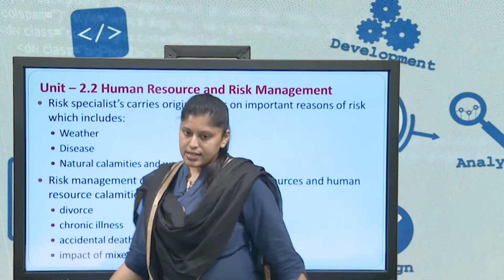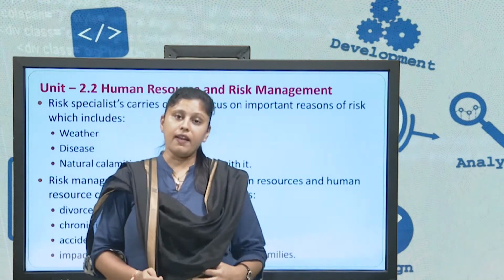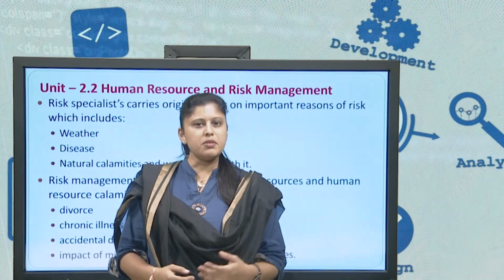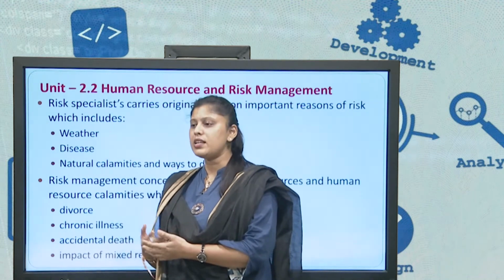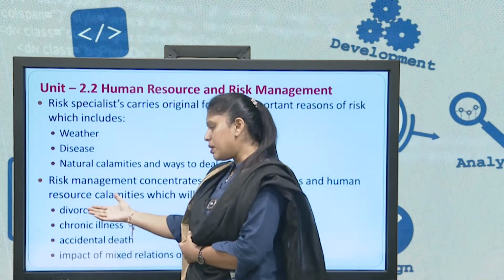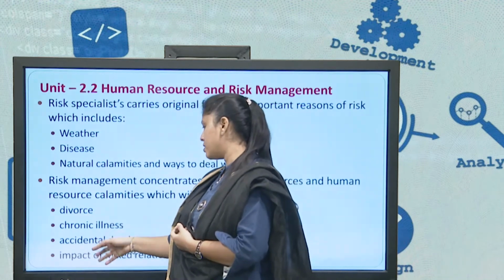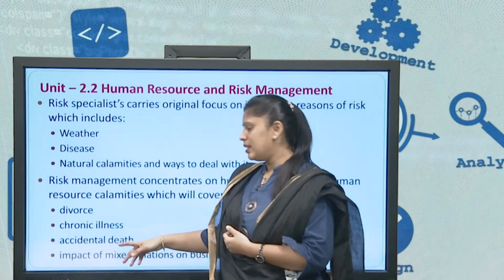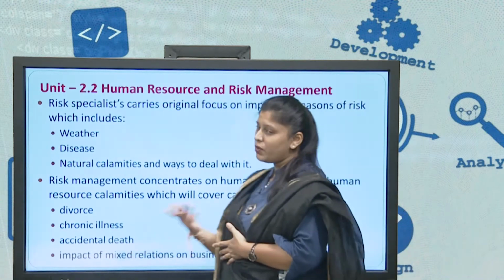It says that human resource should always be able to understand their employees. An employee might be suffering from a chronic illness, or an illness that keeps recurring, or might be mentally disturbed by family issues like divorce, an accidental death, or the impact of mixed relations in the family or with the business.